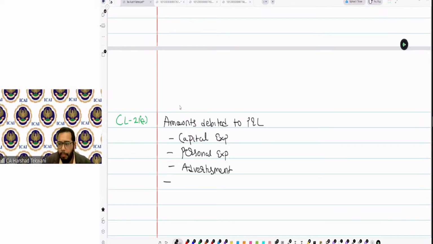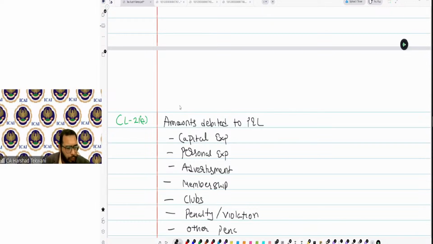Okay, membership fees, amount spent for the clubs, facilities used at the clubs. Okay, then you have a penalty for violation. Then you have other penalties.